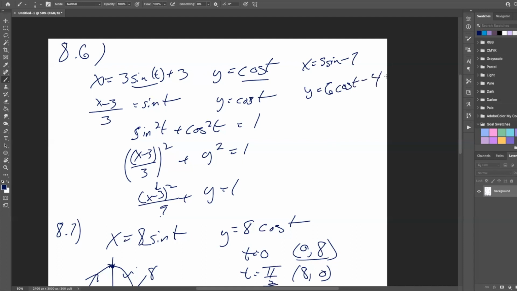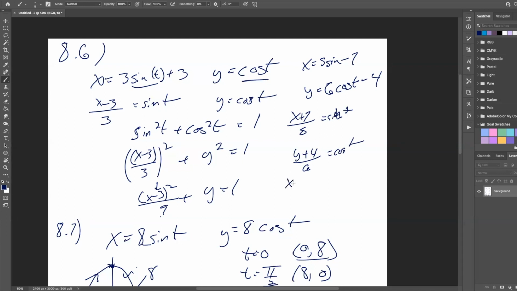Well, all you do is the same thing we do here. We have x minus 7 divided by 5 equals sine of t, and then y plus 4 over 6 equals cosine of t.